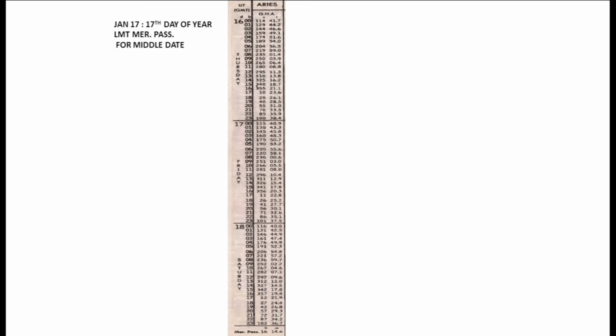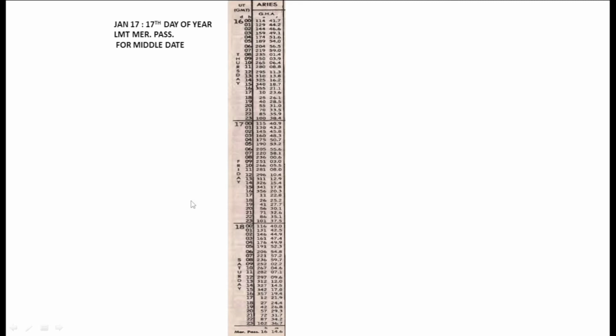Now, this is just an example. What I'm just trying to show you here, January 17th, and these figures given here are for the middle of the day in the Almanac, which I think we had discussed when we were talking about the semi-diameter of Sun, the B and D corrections. They're all given for the middle of the day, but they are accepted for all days there.